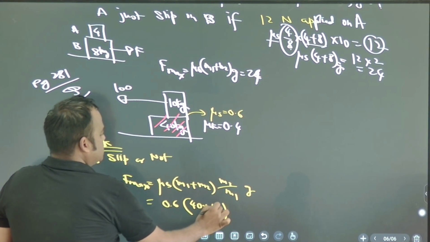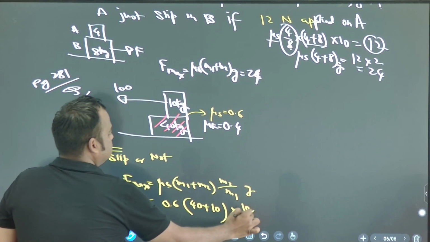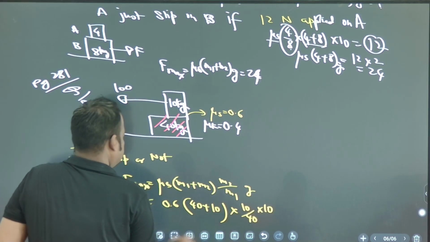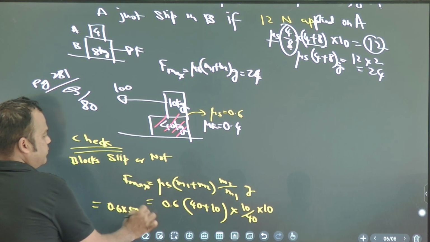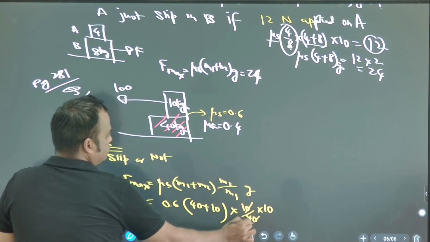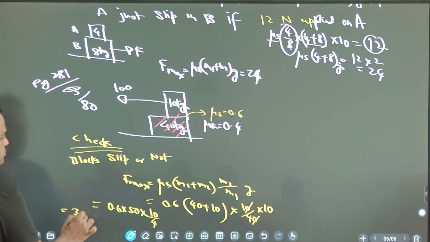So 40 plus 10, into m2 by m1. So 0.6 into 50 into 10 by 40, 30 into 10 by 4, 75.